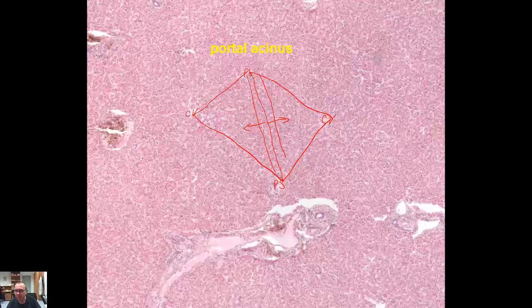So here is the oxygenation of blood the best. Here can be a zone where oxygenation of blood is less perfect, so it can be a zone 2, and here near the central vein the oxygenation of blood can be the worst. If you take that these circumlobular vessels contain mixed blood from artery and vein, which is true.